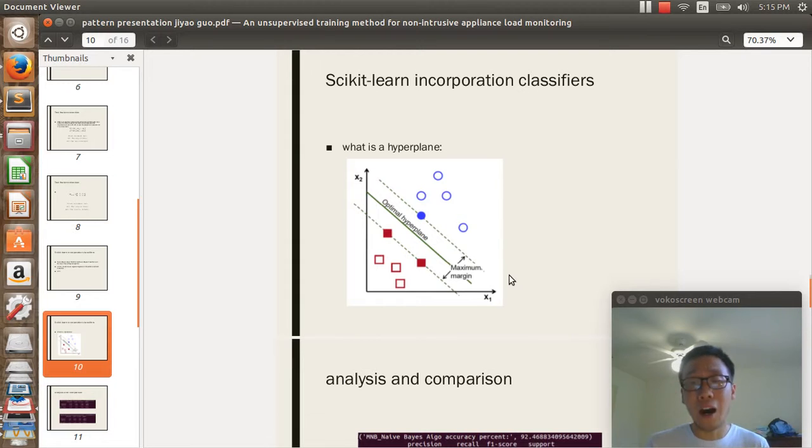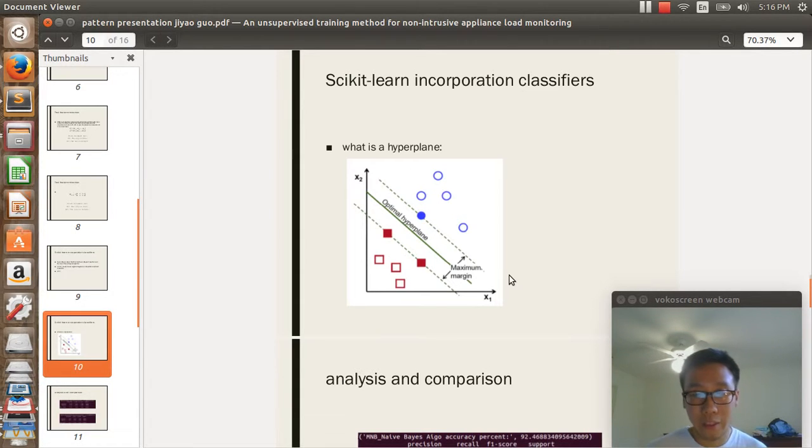The way we do this is to compute the maximum margin, the distance from the line to the nearest points of the two clusters. The line with a larger minimum distance is far from both groups of points, so that means it's a good line.